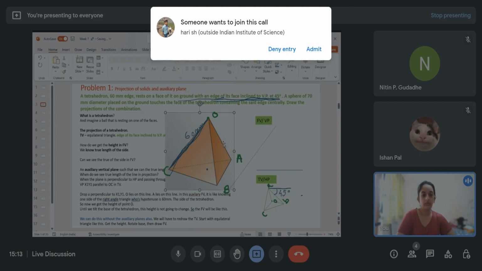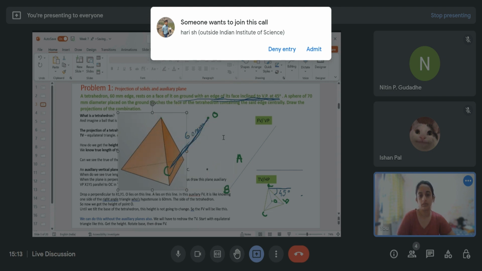I'll move this. Okay, so this is our auxiliary plane.